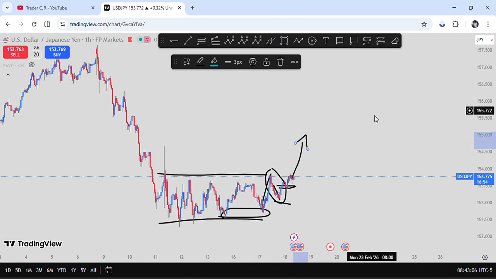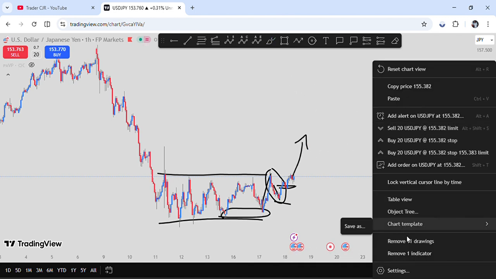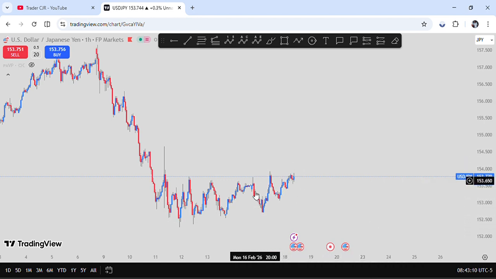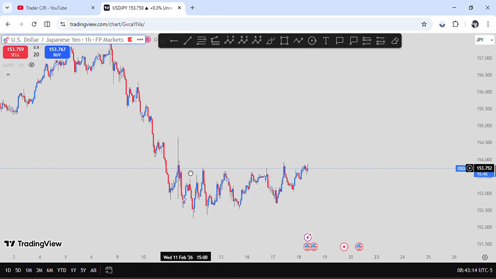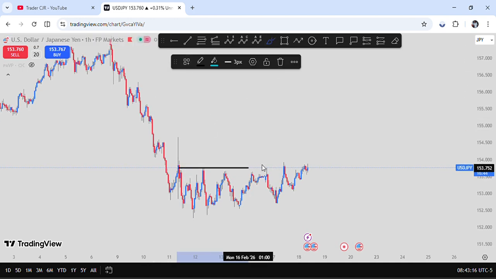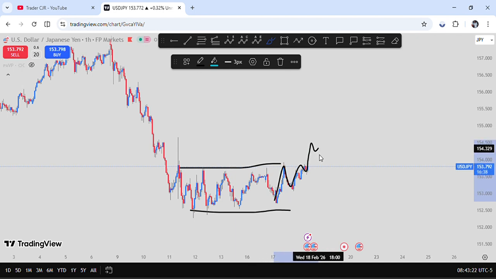That's exactly what can possibly happen on the dollar yen, but I'm not interested in placing buy orders because of this long range here. So I expect to see price move up, and if price pulls back, I'll be looking for some possible entries to the upside.